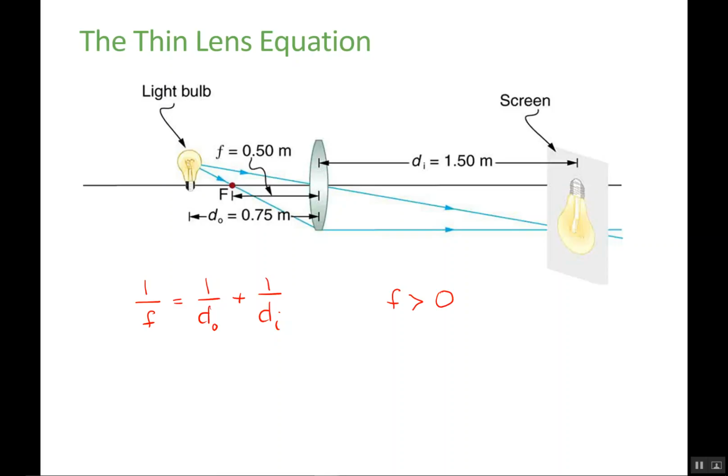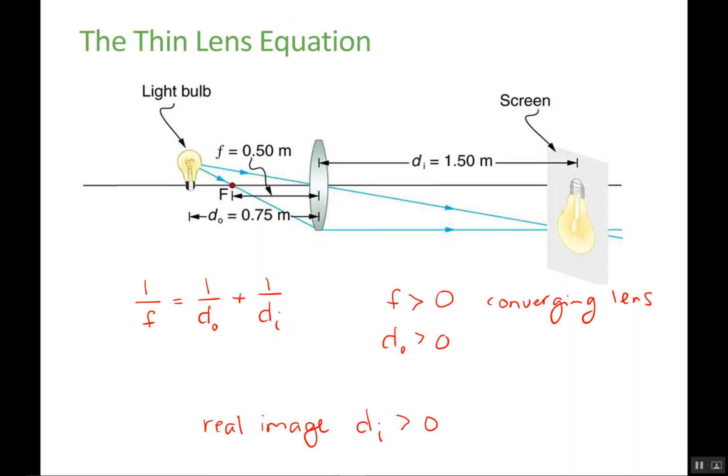It's always positive. So focal length greater than 0 for converging or convex lens. All right. When you're dealing with a single object and a single lens, the object distance, DO, is also always positive.